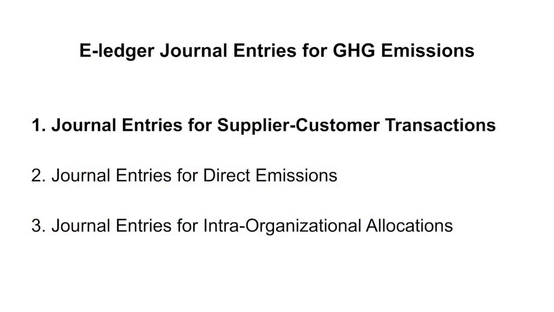Well, thank you, Karthik. You will see that there are only 3 types of journal entries that are required for this entire system of e-liability accounting, and we're going to go through each of those 3. The first one is how do we move emissions from one entity to another entity?